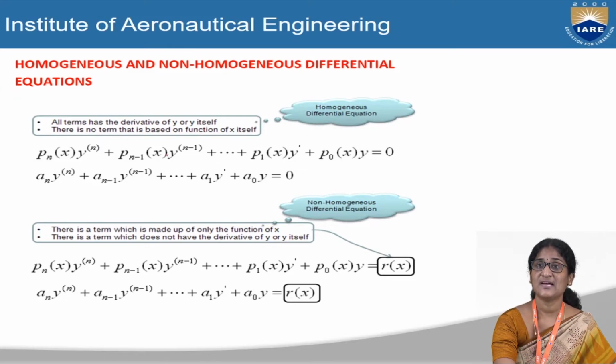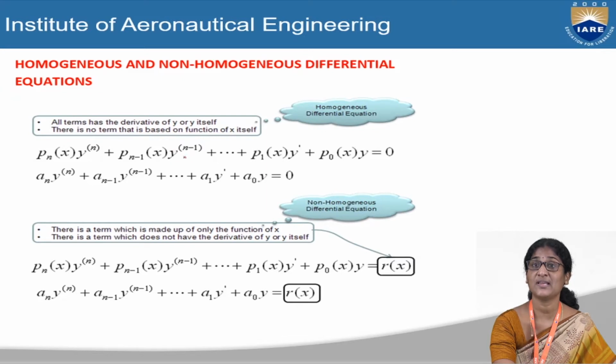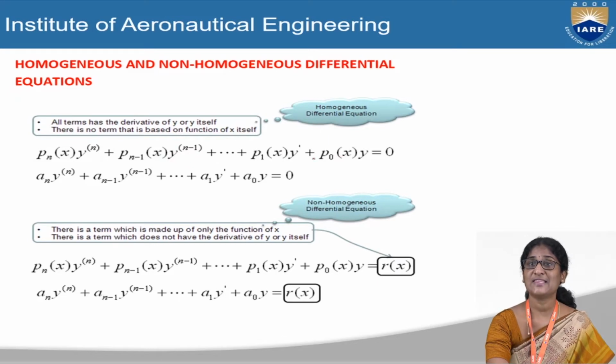Next is the derivative of order n minus 1, that is d^(n-1) y by dx^(n-1), and so on. This is a general form of representing a higher order differential equation. And here Pn of x, Pn minus 1 of x, P1 of x and P naught of x are called the coefficients.